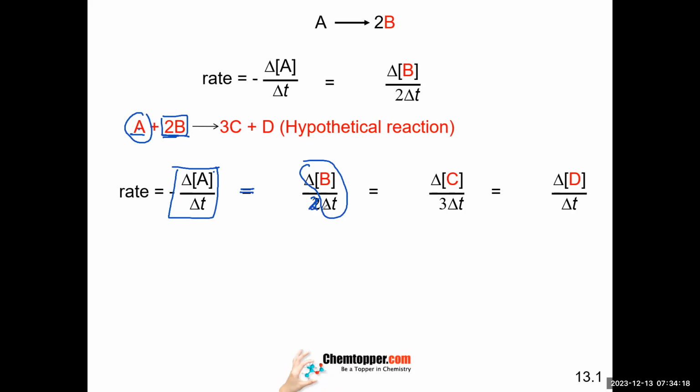So that's why it has to be divided by 2. So that's how we relate the rate of appearances and disappearances. Disappearances with the negative sign, there's a negative here. Appearances with the positive sign, their concentrations are increasing. From the balanced equation, you can divide A by 1, B by 2, C by 3 like this, right?